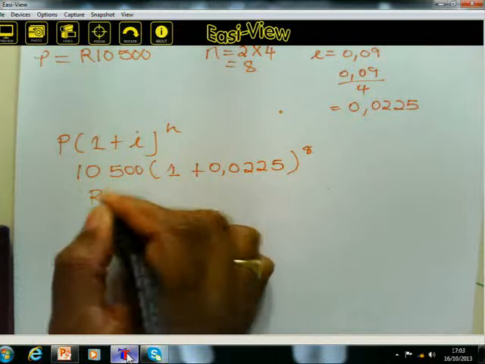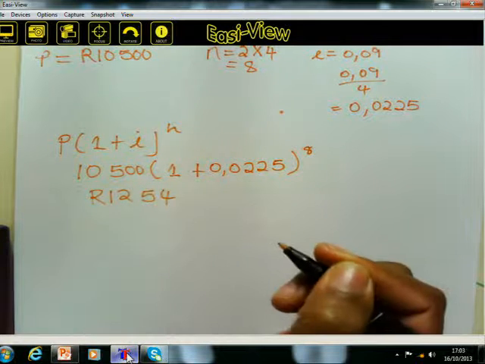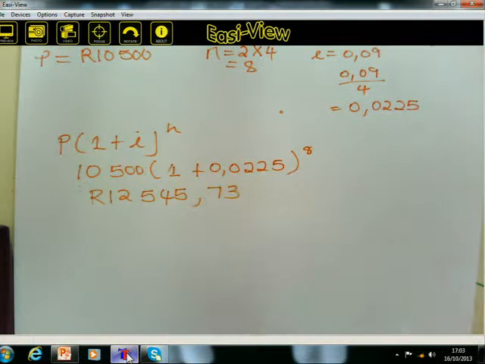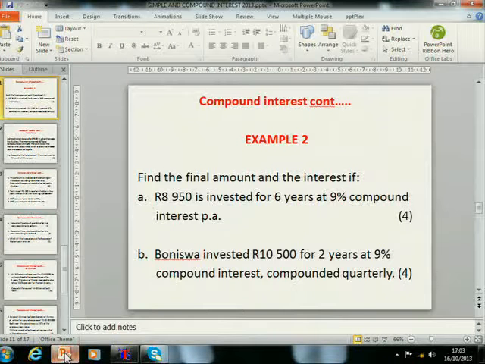Let's write that down. Our answer is going to be 12,545 rand 73 cents. Let's go back to the question and see whether we did the correct one. Boniswa invested 10,500 for 2 years at 9% compound interest, compounded quarterly. So now remember the instruction said, find the final amount and the interest.